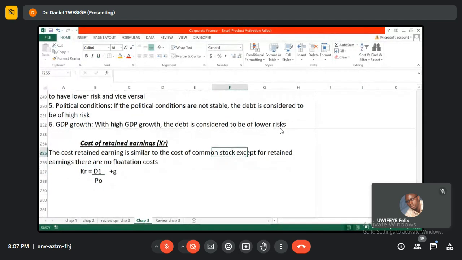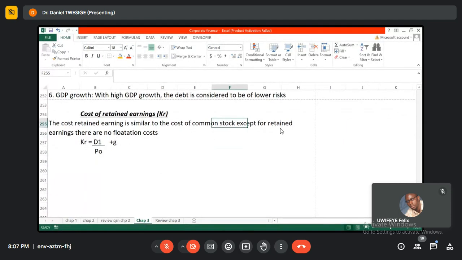So that is the cost of each source that we have looked at, where we started with the cost of common stock, we came to the cost of preference shares, we have come to the cost of debt, the different debts that we have looked at, and now we have looked at the cost of retained earnings.